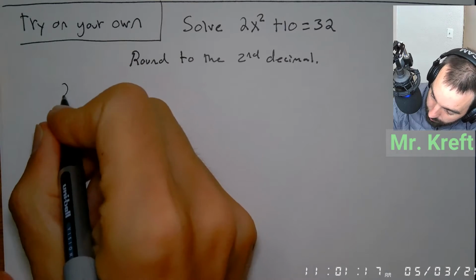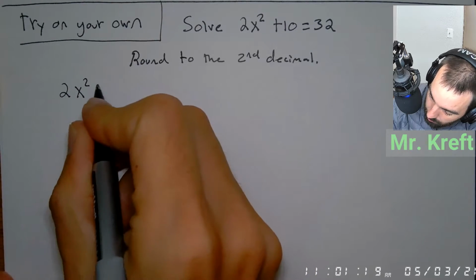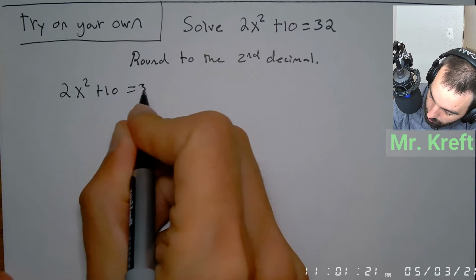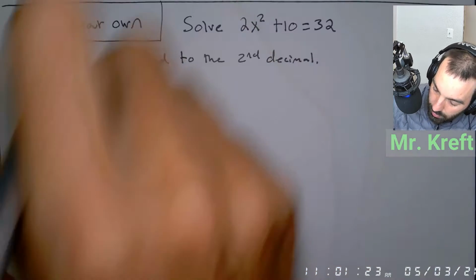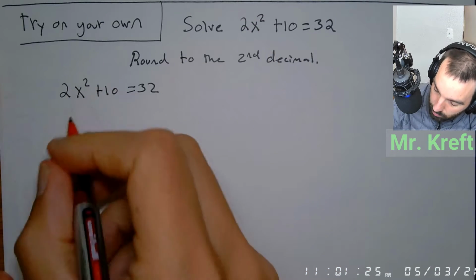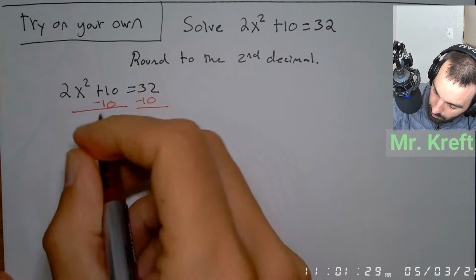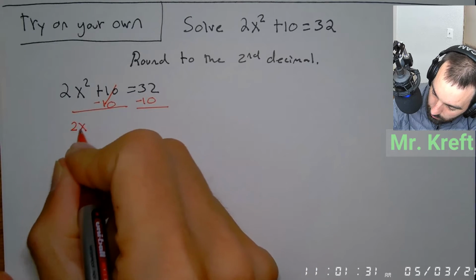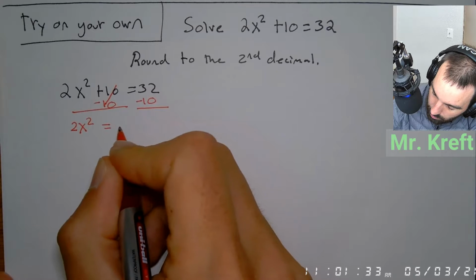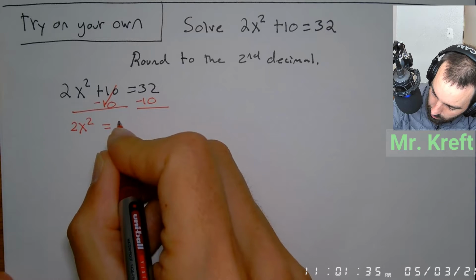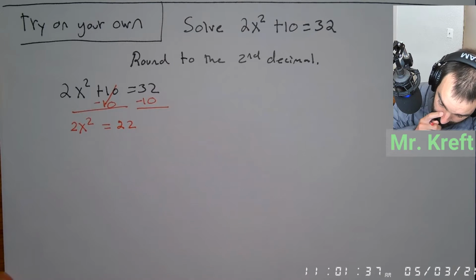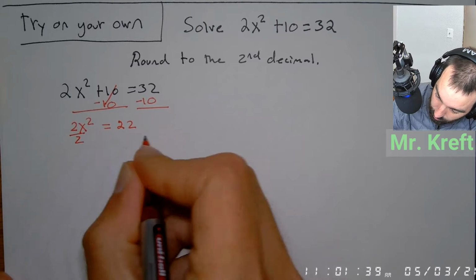Okay. So I have 2x squared plus 10 equals 32. So the first thing I'm going to do is I'm going to isolate this x squared. So I'm going to subtract 10 from both sides. I get 2x squared equals 22, since 32 minus 10 is 22. And then I divide by 2.